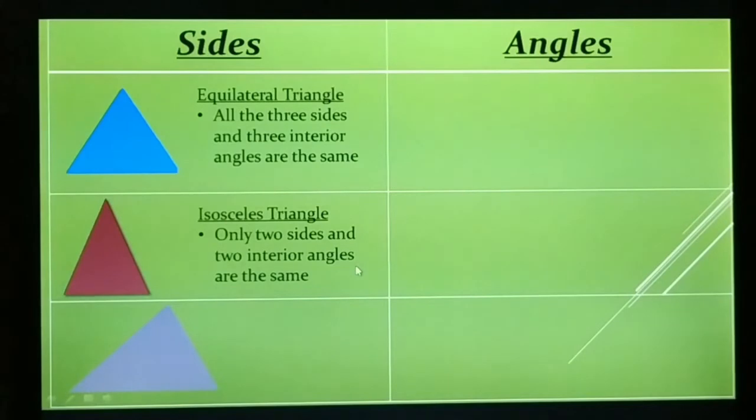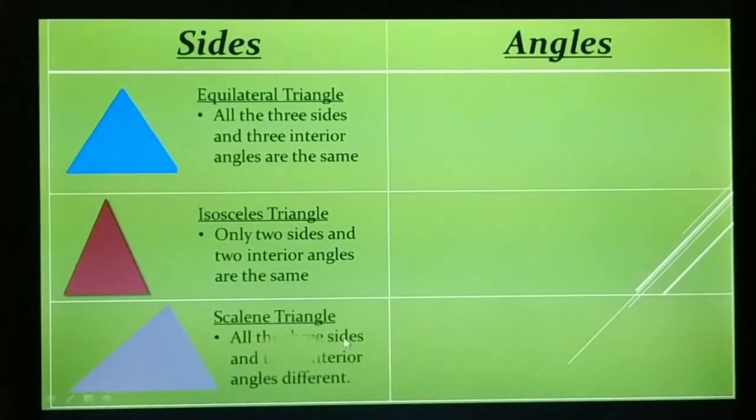And then we have a triangle that has none of the sides equal. All the 3 sides are different. A scalene triangle. Now let's go to the angles.